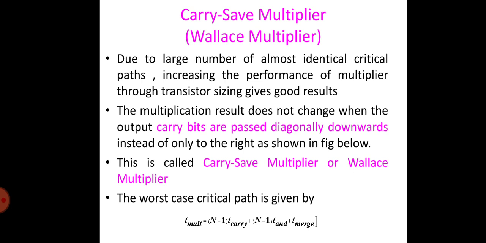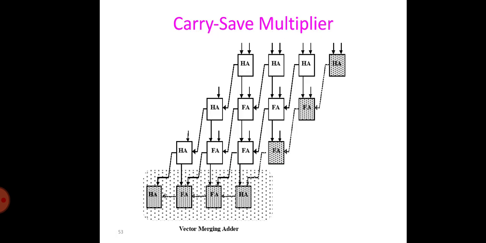So we include an extra adder, called a vector merging adder, to generate the final result, as you can see in this diagram. The resulting multiplier is called a carry save multiplier or Wallace multiplier because the carry bits are not immediately added but rather saved for the next stage. In the final stage, carries and sums are merged in a fast carry propagate adder stage.